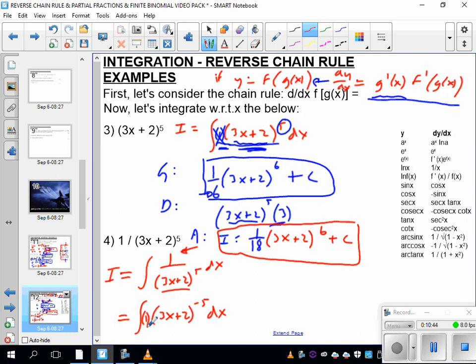And is 1 a multiple of the derivative of the inside? Yes. So what do we do? We guess, right? So we put our hands over the thing on the outside because we know it's a reverse chain rule problem. 3x plus 2, we add 1 to the power, so that's minus 4, right?